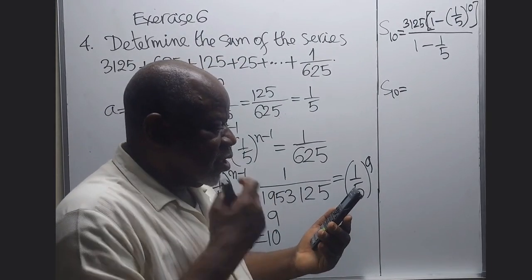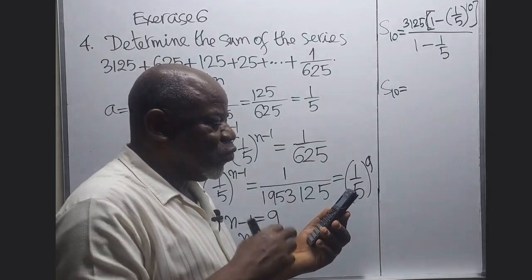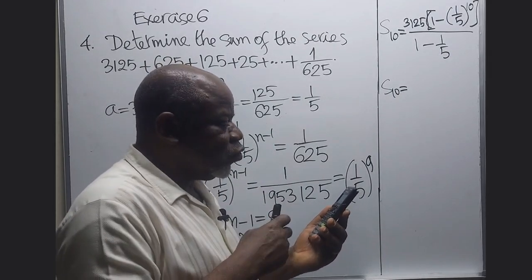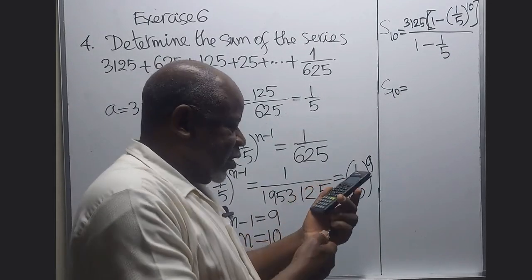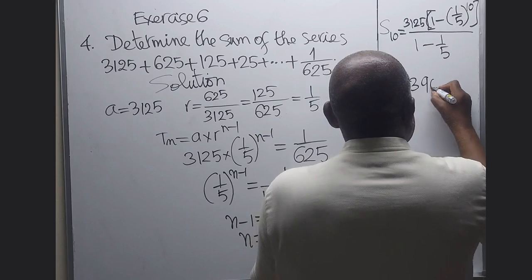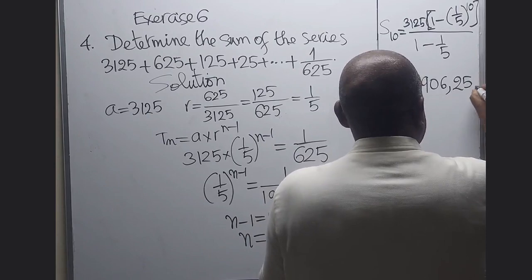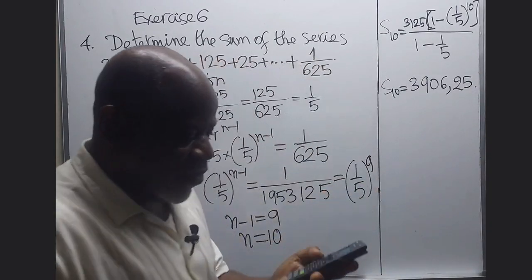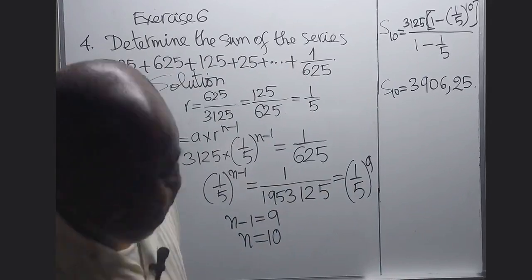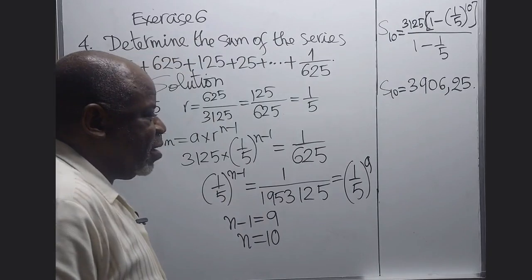We're getting 3,906.2496. So I'm going to round off to 2 decimal places. Then we're going to get 3,906.25. Yeah, so I've rounded off to 2 decimal places because we're getting a decimal number.